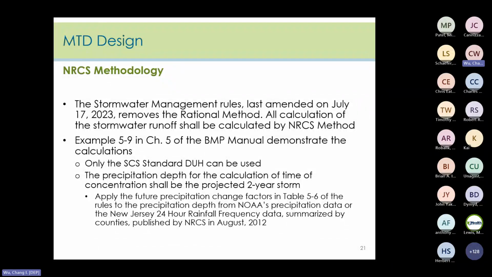As we adopt the stormwater management rule amendment being adopted on July 17, 2023, the amendment removes the rational method. So all calculation of the stormwater runoff should be calculated by the NRCS method.